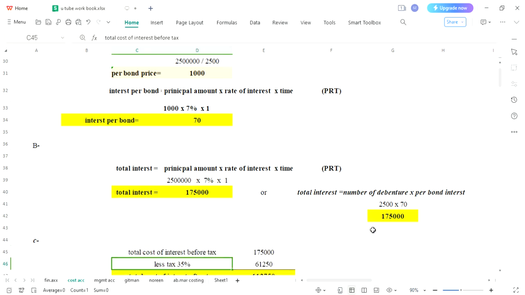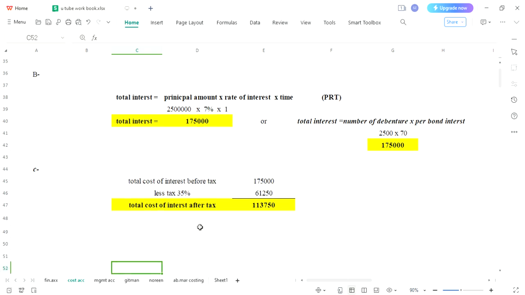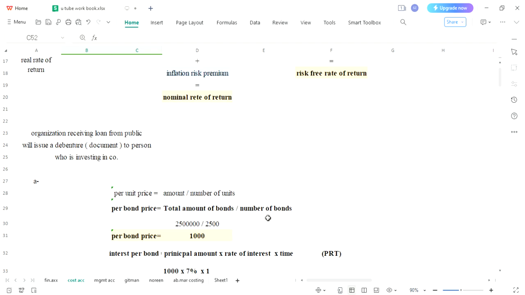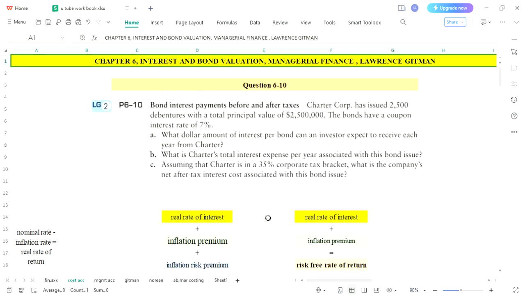And then C part, you were required to calculate total cost after tax. You subtracted your tax from interest before tax. In this way total cost was also calculated. All three answers we have revised, and in this way 6.10 is completed.